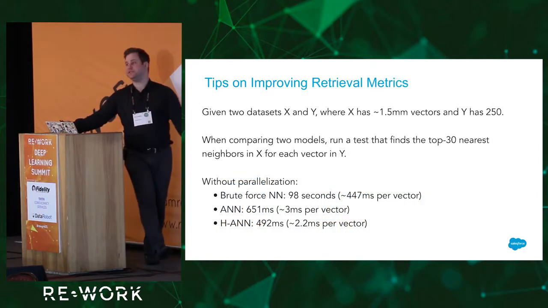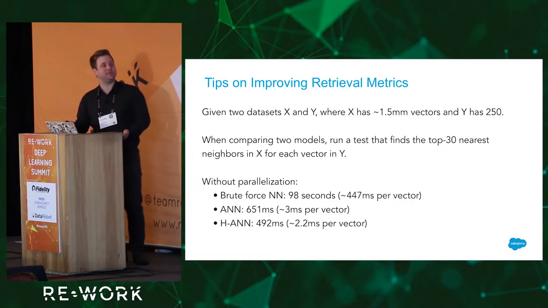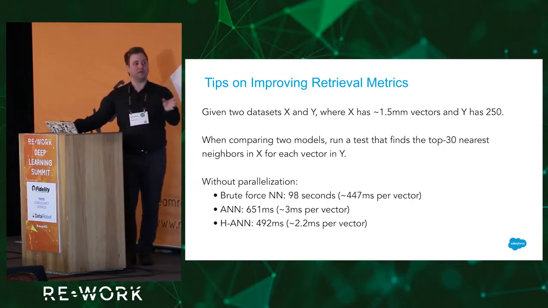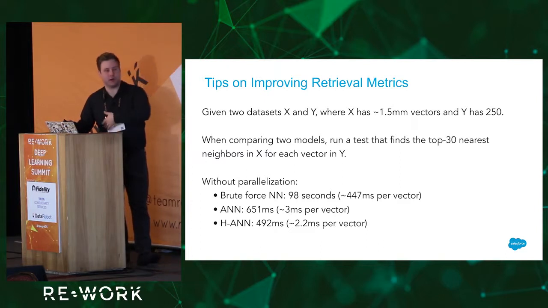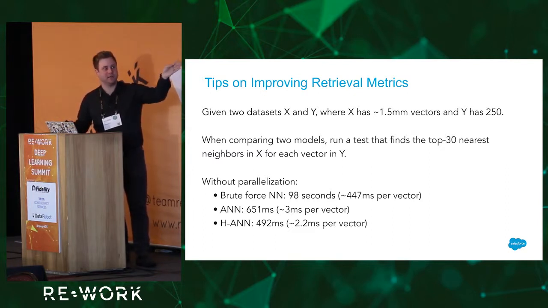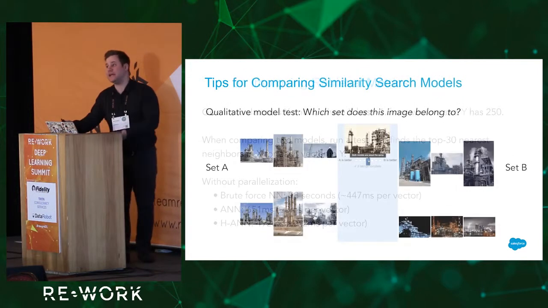The other crucial thing to do if you're building visual search is to have a golden set of images, set Y, and then some large corpus, set X. As you iterate through new versions of your similarity search model, run this test to see what the top, say, 30 or 50 nearest neighbors in X are for each one in Y. And you can time it, and then you can qualitatively evaluate it.